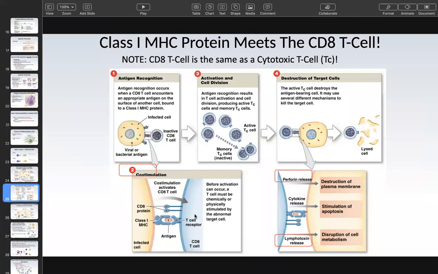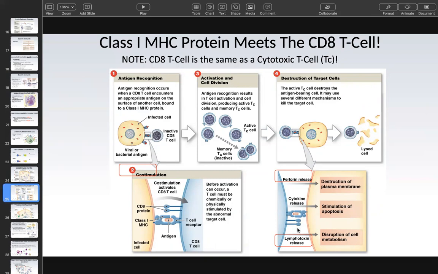When this entire complex forms, two main events occur. One is the release of perforins, which we saw before in the context of natural killer cells. They will literally perforate the plasma membrane, or the cell membrane, of the infected cell. What will also occur is the release of lymphotoxins, so chemical agents that serve as toxins that come from the T lymphocyte.